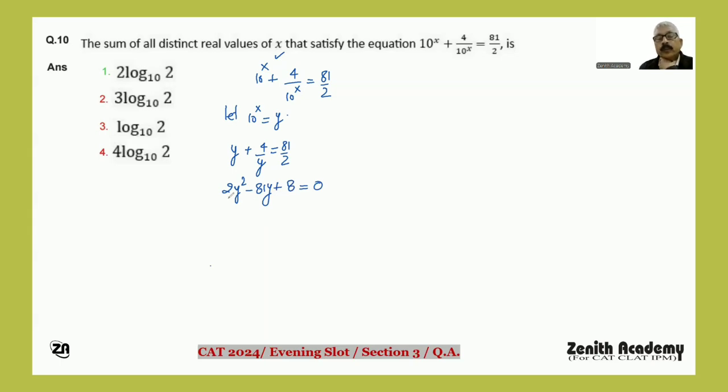Now it is a quadratic equation. So here the sum of the roots is 81 by 2 and the product of roots is 4.